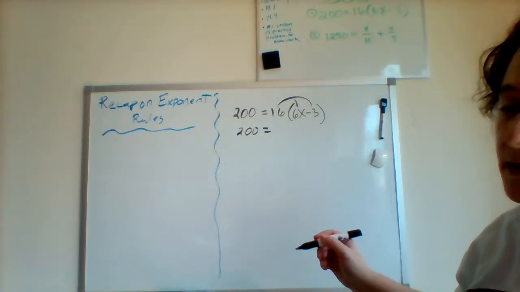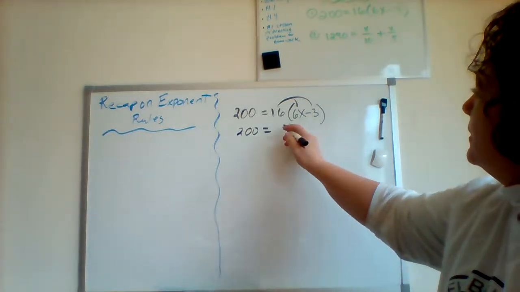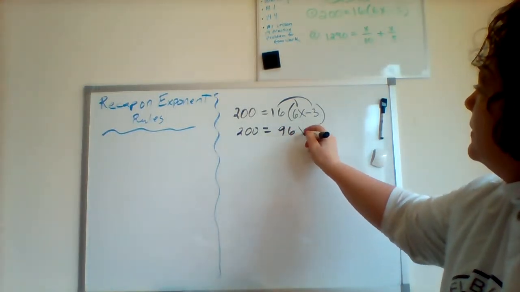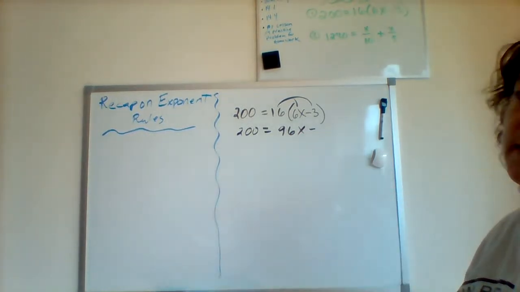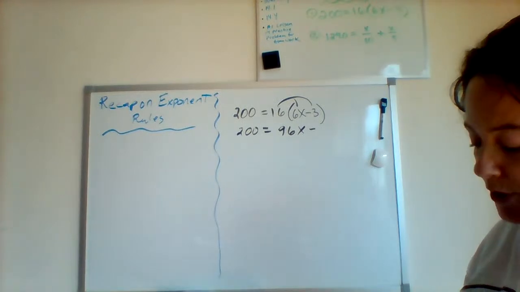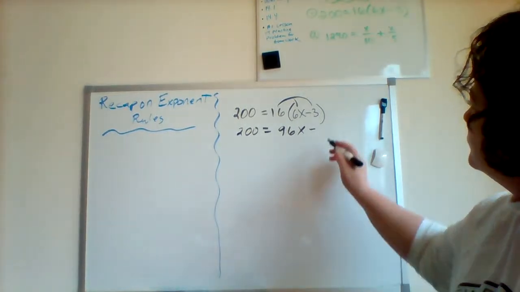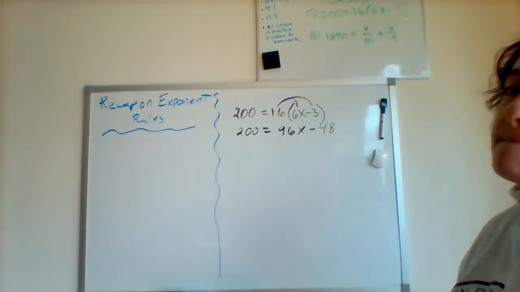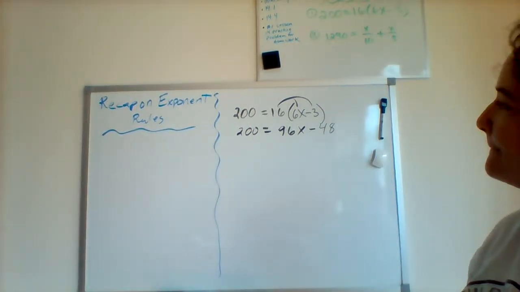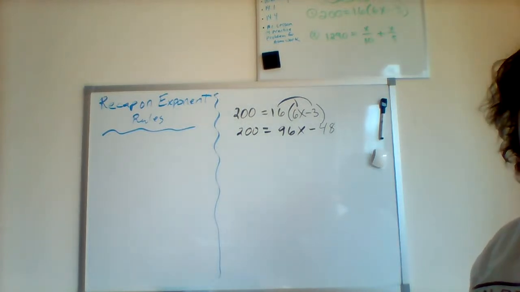Correct me if I'm wrong on any of this, just chat. And then 16 times -3 should be -48. All right, next step.